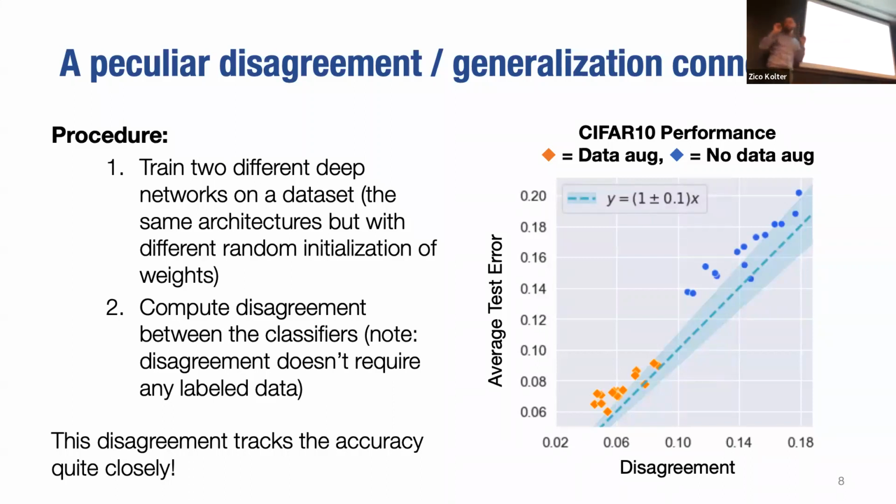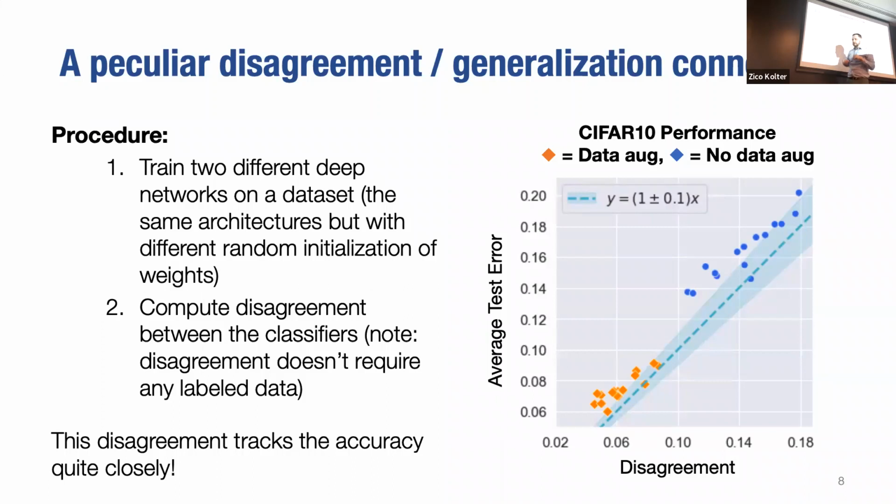I'm going to train two networks, and look at how often those two networks disagree with each other on their predictions, and plot that versus the average error that those two classifiers get on the data set, which are about the same because they're the same classifier trained on different initializations. Some difference, but not very much. I'm going to plot that for a bunch of different classifiers.